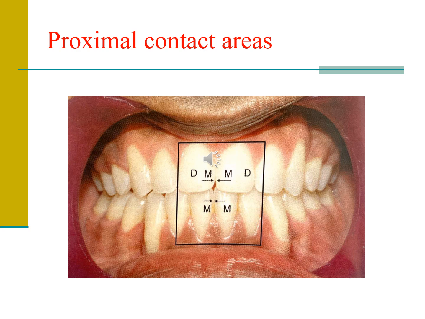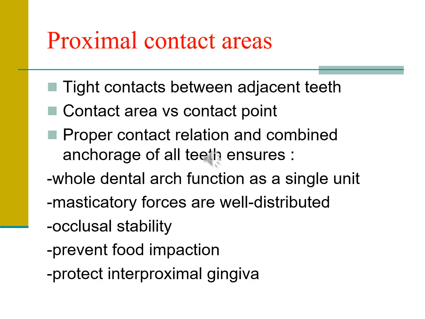The maxillary and mandibular central incisors are the only exceptions. As well as, of course, the last tooth in the dental arch, whether it's a second molar or a third molar, which does not have a distal contact area.